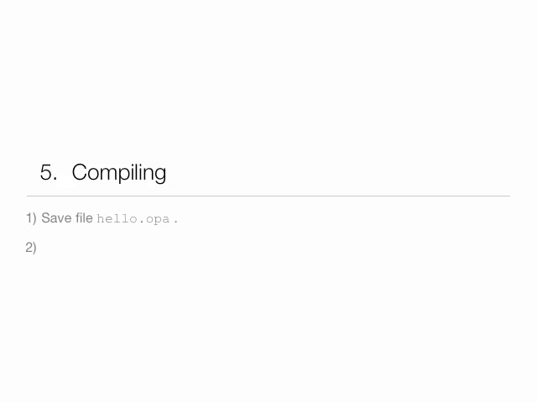To compile your application, first save your file. Let's call it hello.opa. Then get into your terminal and write opa hello.opa. This will call the compiler and start the compilation.